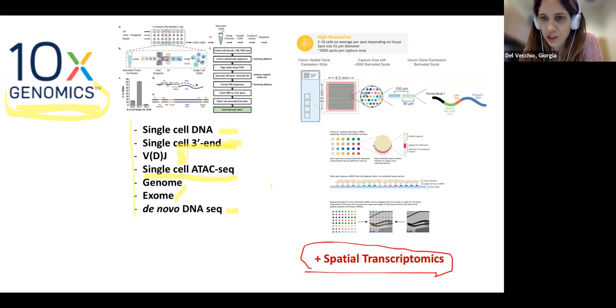Each one of these colored spots represents an area with a different barcode. So what you do is cut a thin slice of your tissue. Here we are not talking about single cell suspension. We are talking about the tissue, so the entire structure.